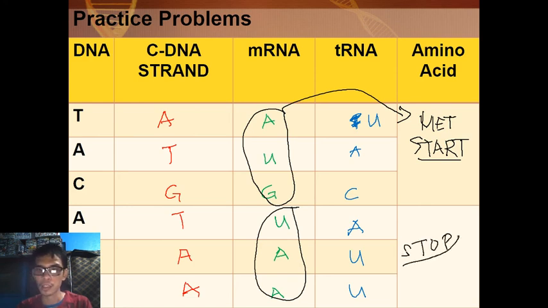Literally, you just write what is written on the codon chart. If it says stop, then write stop here. So basically, this is how your transcription and translation process works. The protein synthesis does transcription and translation.